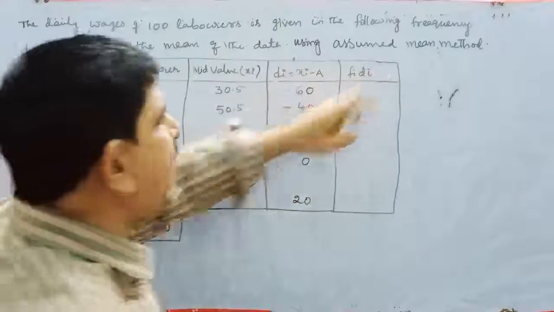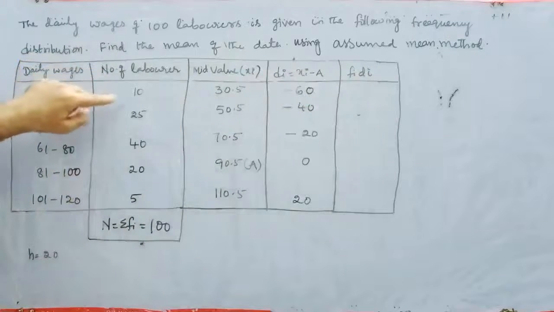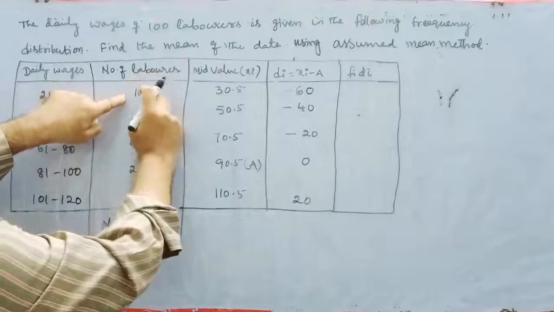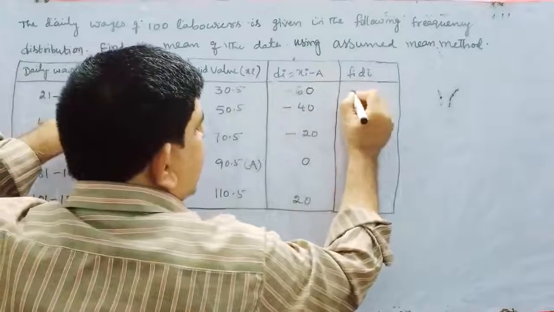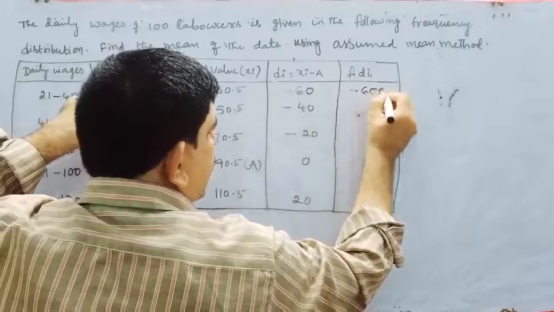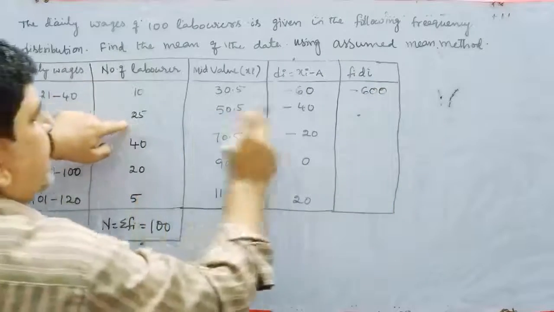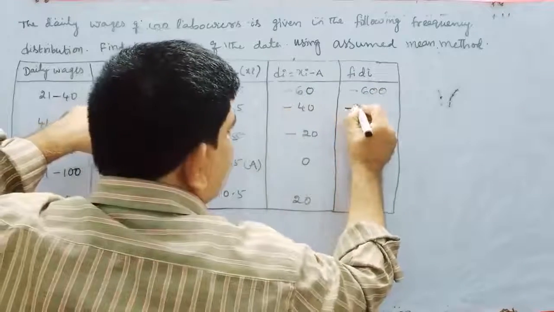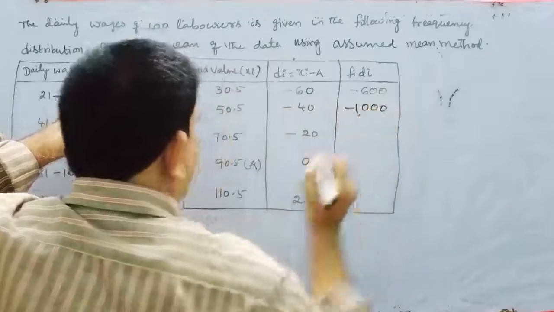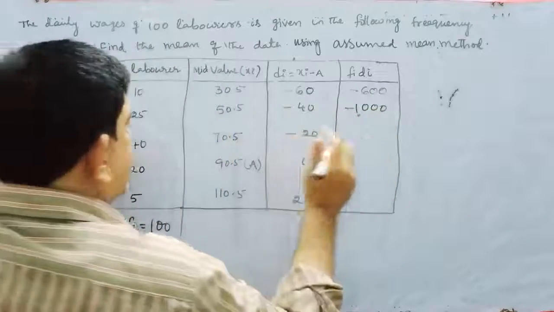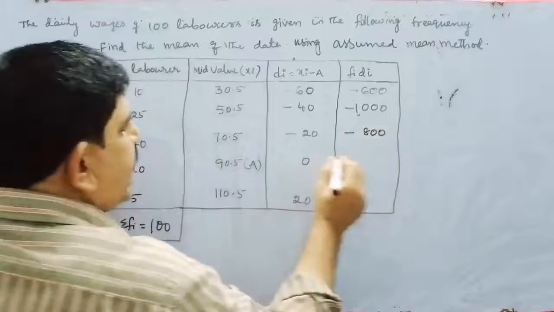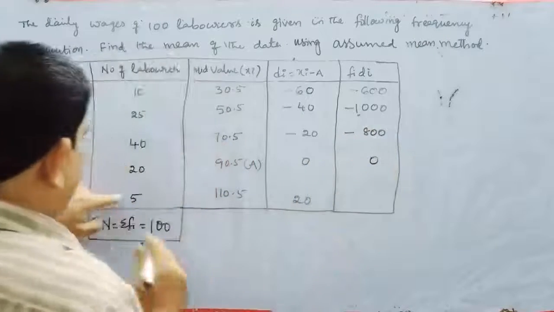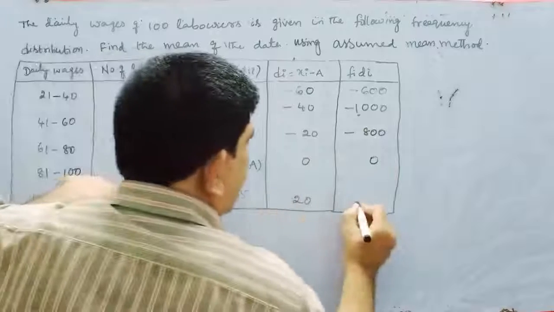Next we have to find fi di, where fi is the frequency. 10 into minus 60, minus 600. 25 into minus 40, minus 1000. 40 into minus 20, minus 800. 20 into 0, 0. 5 into 20, 100.